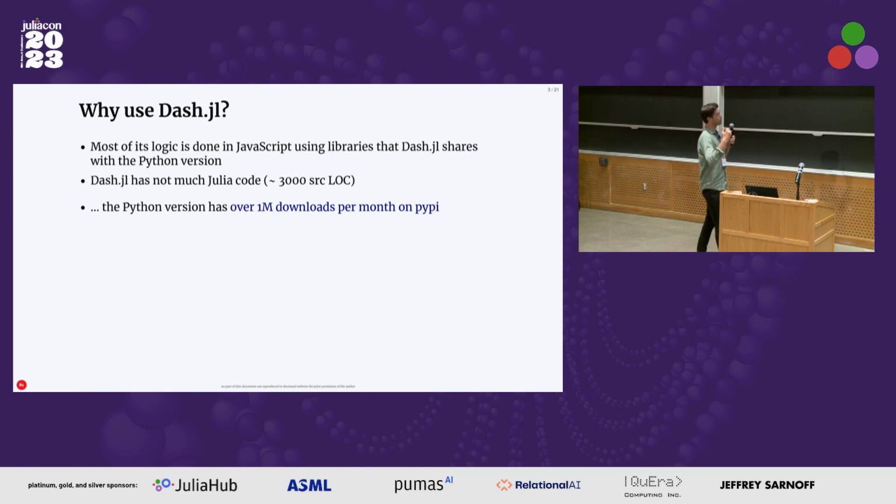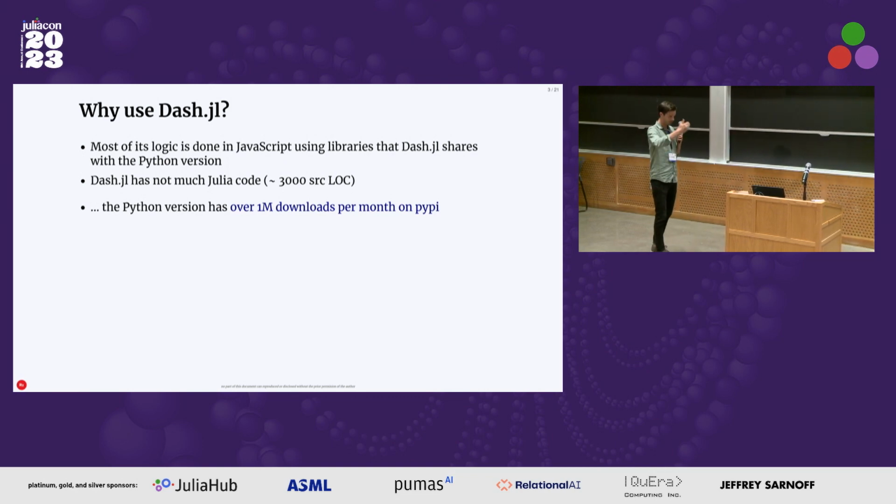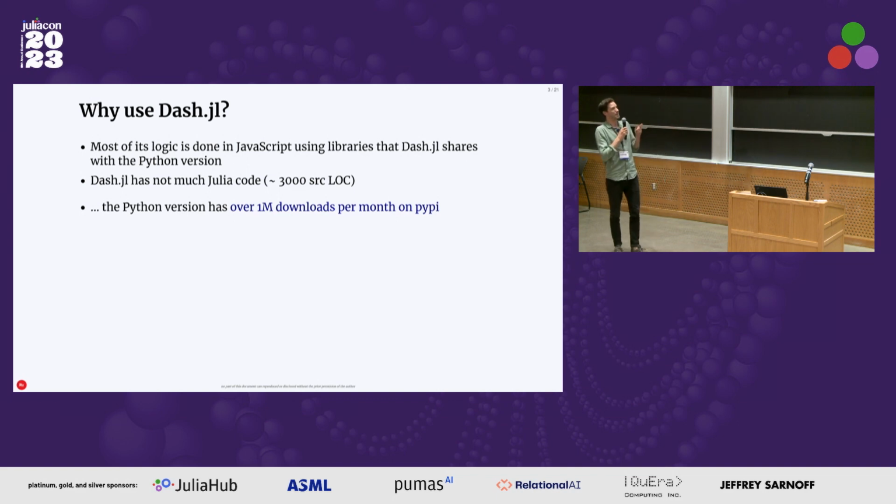And like I said, it's based on the same libraries that the Python version uses. And if you go on PyPI and look at the Python version of Dash, it has over 1 million downloads per month. That's something that any Julia library would have a hard time doing.